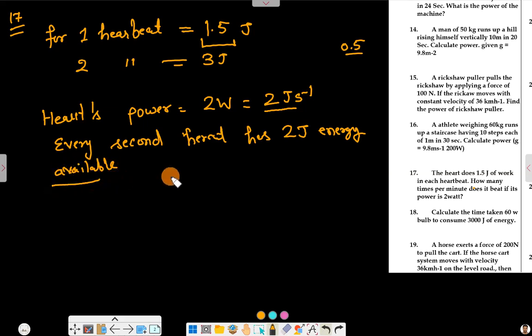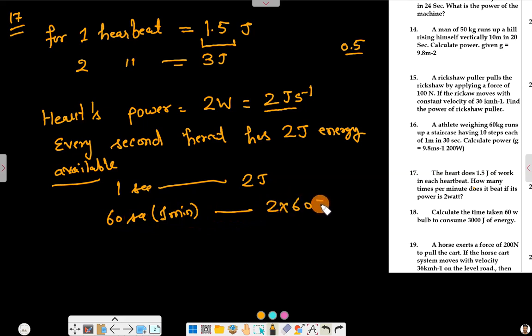Okay. Now it is asked how many times the heart will beat in a minute. So in 1 second the heart has 2 joule energy. In 60 seconds or 1 minute, the heart has 2 into 60, or 120 joules of energy available.